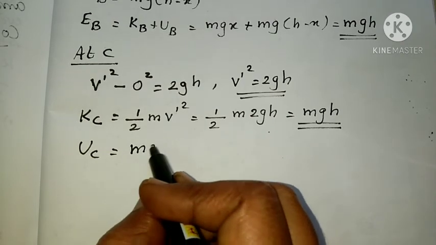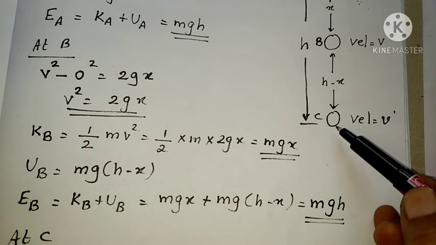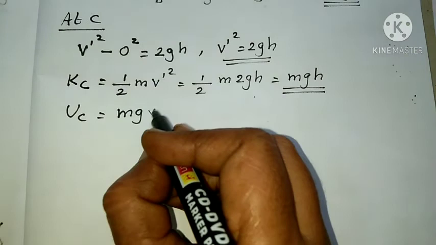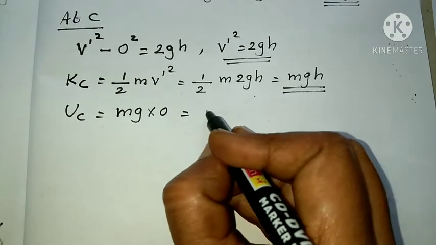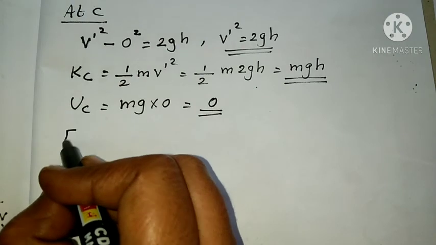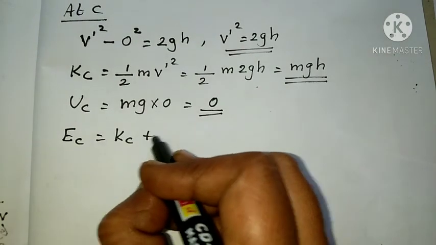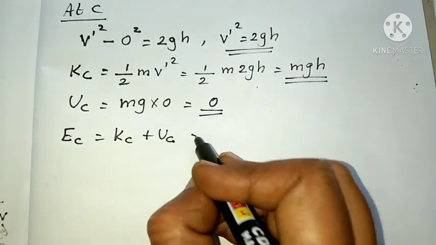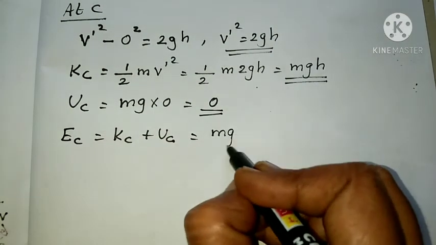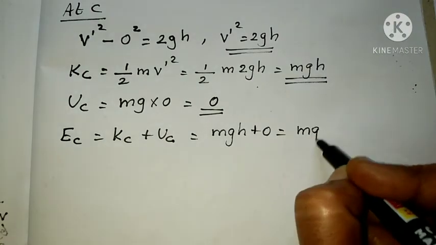That is mg into height; the body reaches the point C, so what is the height? It is equal to 0. So mg into 0, that is equal to 0. Then total mechanical energy at C is kinetic energy at C plus potential energy at C, that is mgh plus 0, that is mgh.